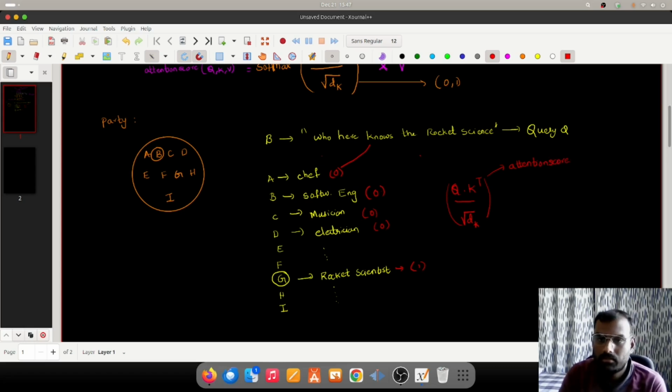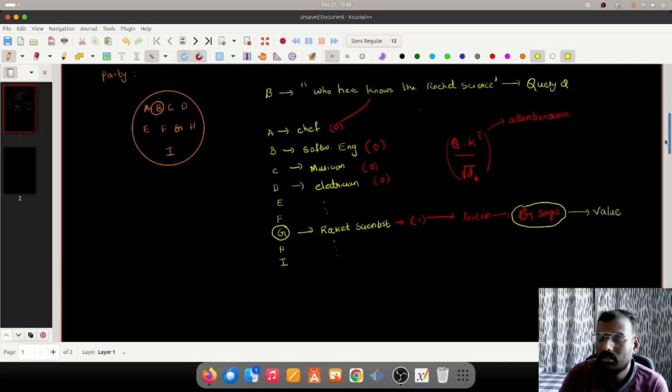So B will obviously listen to what G says, right? This is our value. What G says is our value. So this is called retrieval. That's why we are going to multiply this attention score with the value.